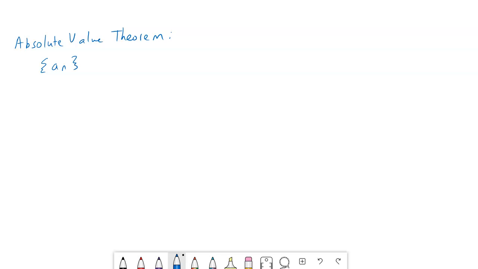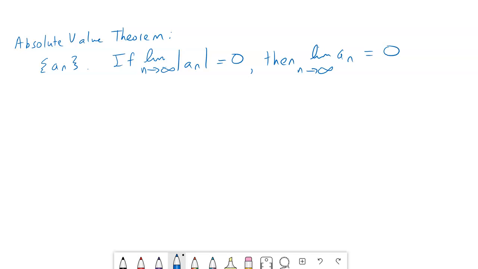I keep saying series. If the limit as n approaches infinity of the absolute value of the sequence is 0, then the limit as n approaches infinity of the sequence itself is just 0.